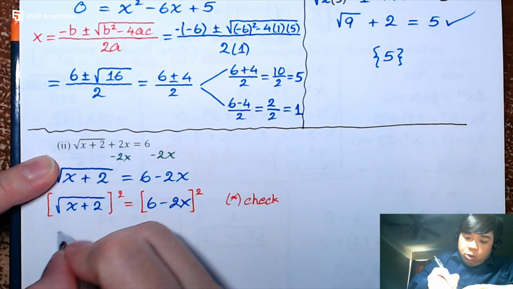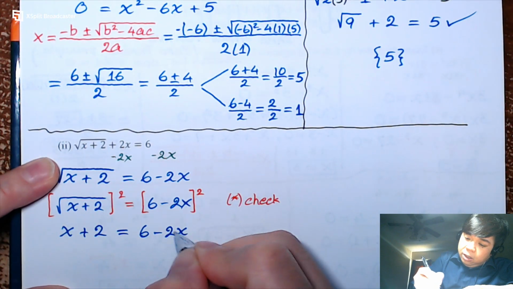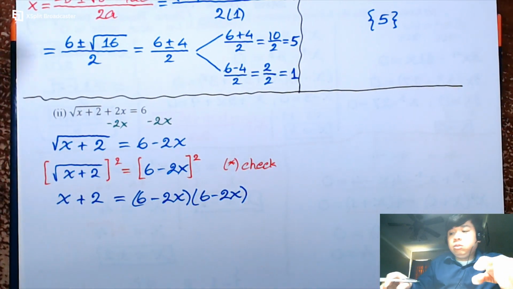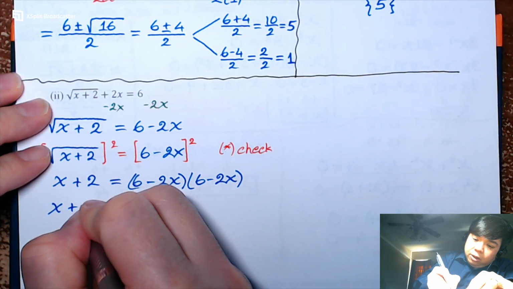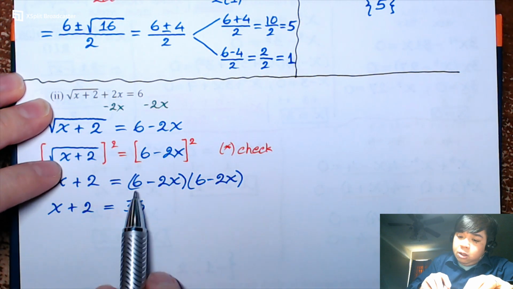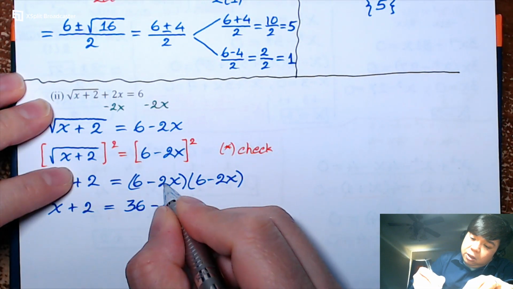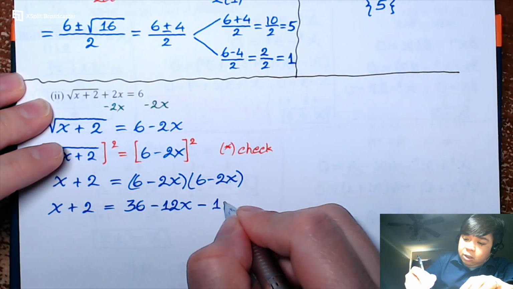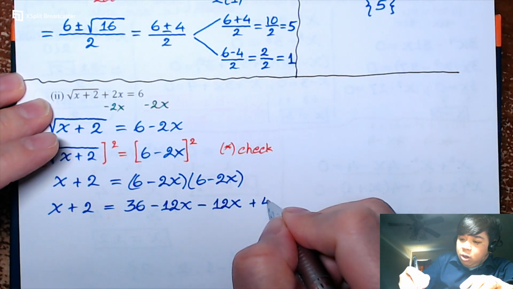Right, the square cancels the square root, we have x plus 2. And this square, we just multiply by itself. That gives us x plus 2 equals 6 times 6 is 36, 6 times 2x, negative 12x, negative 12x, plus 2x, that's 4x squared.